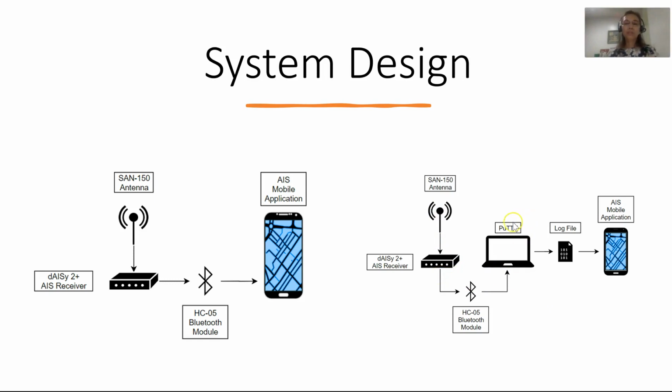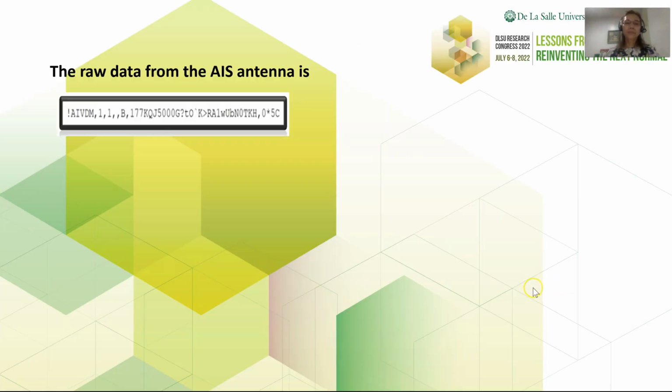Thus, we were limited to the initial data that we have collected. Fortunately, we have collected a lot, so it helped us in developing the mobile app and in determining whether the data that we have presented here is correct or not.